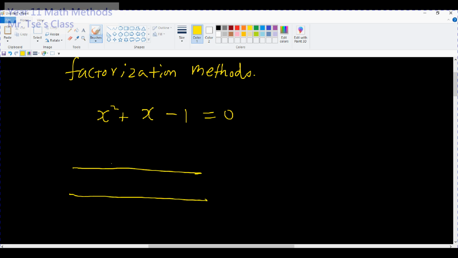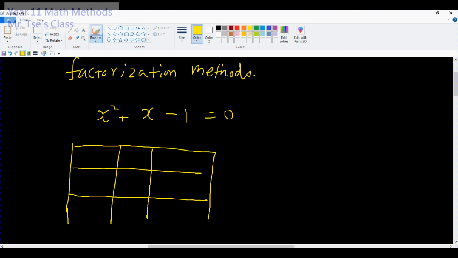So if you try to do it in a table, all right, so I put x squared here, I put minus 1 here. So of course I can only get x and x. So minus 1, you don't have many choices. You can put minus 1 here and plus 1 here. Then you will have minus 1x plus 1x.